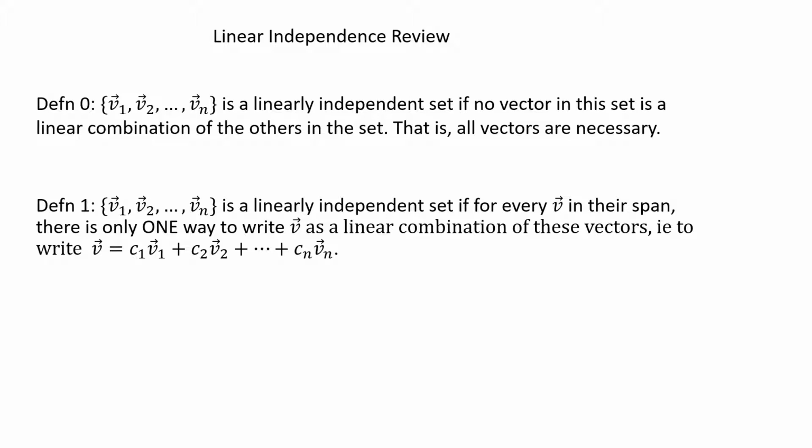Definition 1 says that a set is linearly independent if for every vector in their span, there's only going to be one way to write V as a linear combination of the vectors. So there's only one set of scalars, C1, C2 through Cn, that will give us the vector V. A sort of silly example of this is that if we take the vector V1, this is equal to just 1 times V1 plus 0 times V2 plus 0 times Vn.